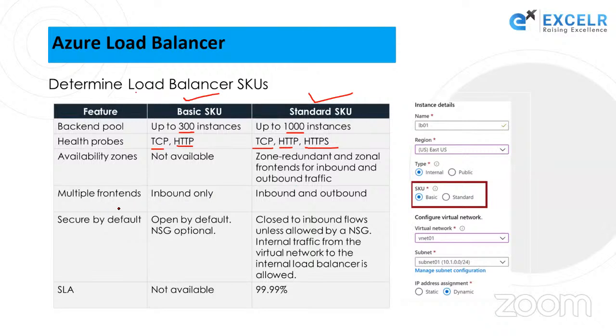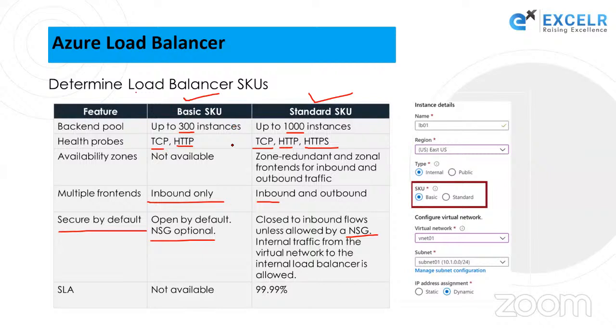You can have multiple front ends for inbound only with basic, but with standard SKU, you can have outbound as well as inbound. It is secure by default, closed to inbound flow unless allowed by NSG. So you need to use the NSG to safeguard it and restrict it.